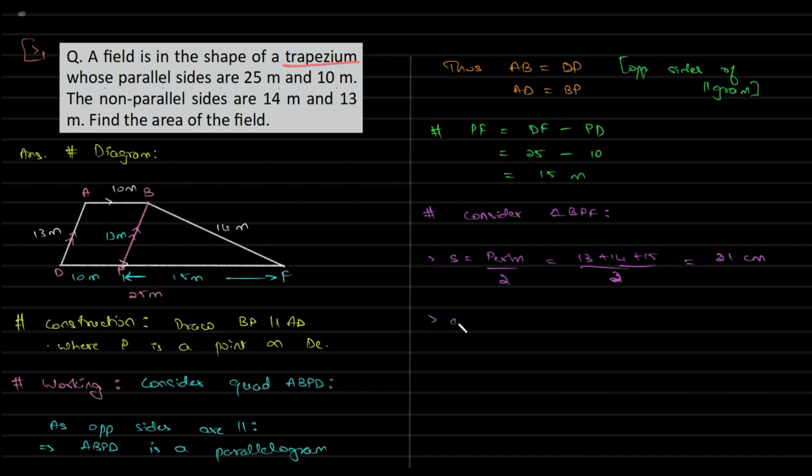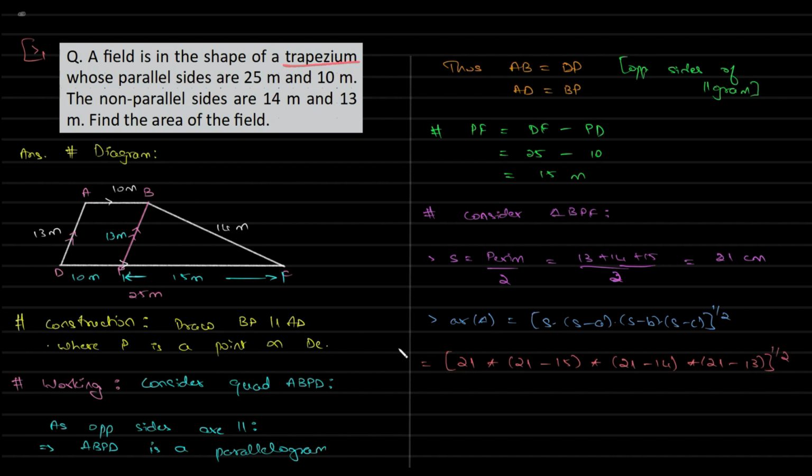And next thing is the area of triangle BPF. In general it is equal to S into S minus A into S minus B into S minus C, whole to the power of half. So S is 21. This is 21 minus 15 into 21 minus 14 into 21 minus 13, to the power of half.